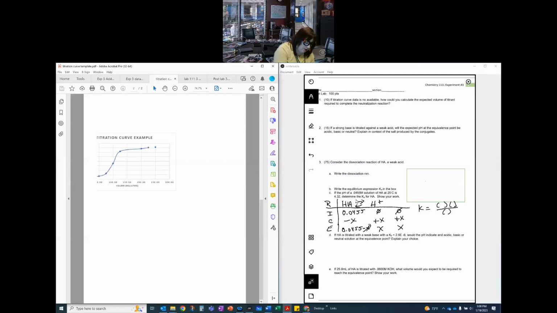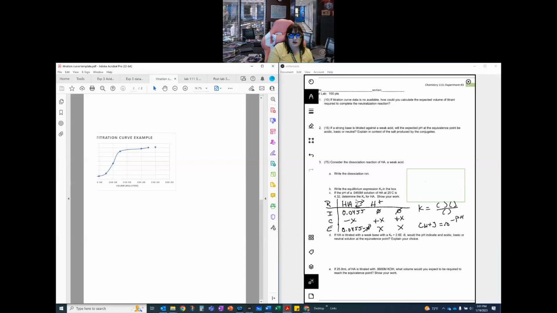So I know that the H+ concentration is equal to 10 to the negative pH. So you should be able to figure out what the H+ concentration is, and therefore what the concentration of the anion is. And then if we needed to actually calculate the value for the HA at equilibrium, we would subtract that X, whatever that value is, from 0.0455. Okay? So that's what we would be doing there.